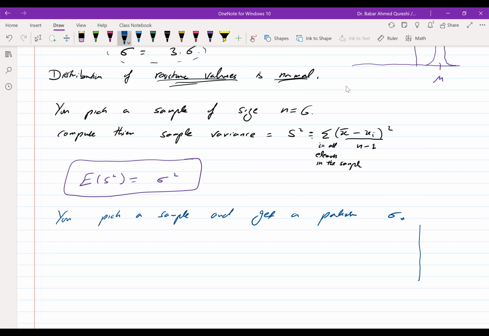You know that these S squares will be distributed around sigma square. The mean value is sigma square, but you also know that these S squares are all bigger than zero. These are positive numbers. And what is their distribution? The distribution would be the chi-square distribution.